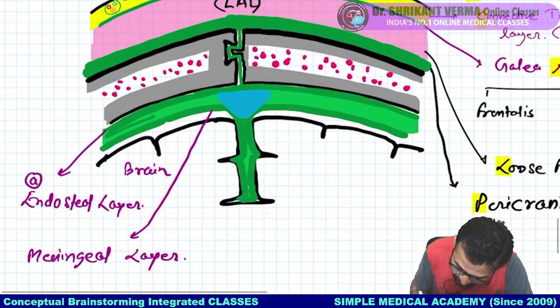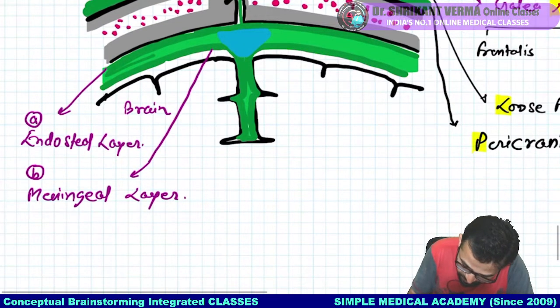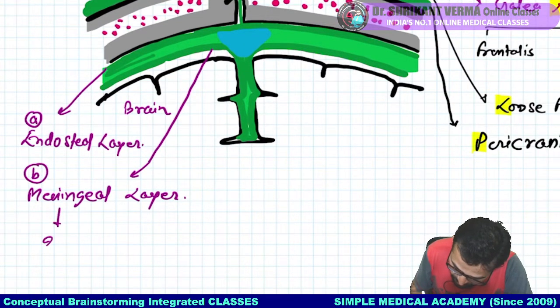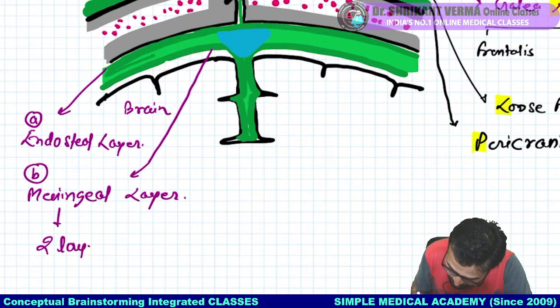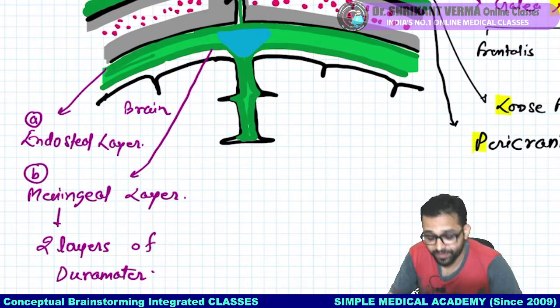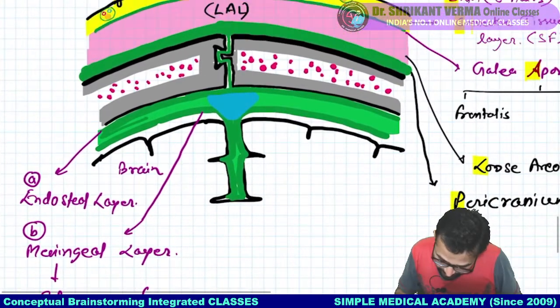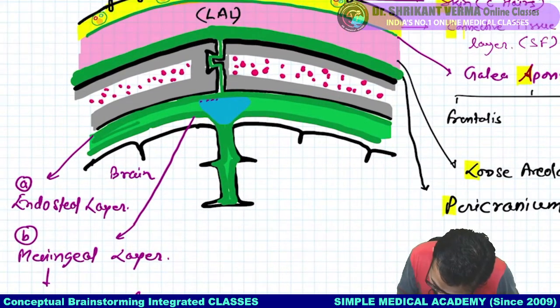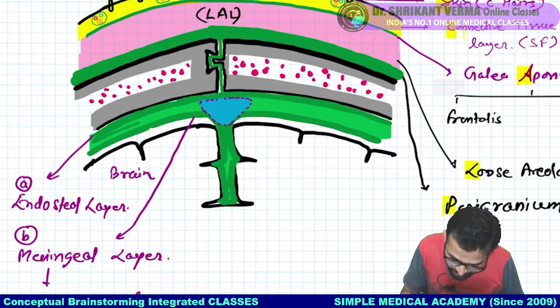So these are our two layers of dura mater. Okay, and in between them there is one venous cavity located. This is our sinus of the brain.